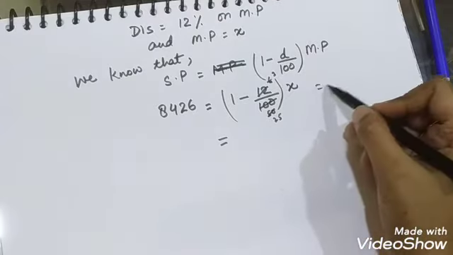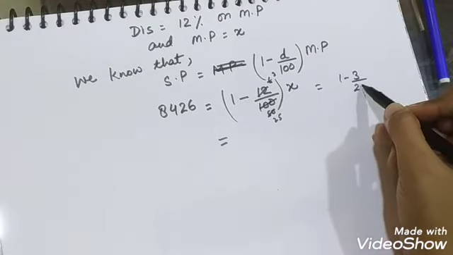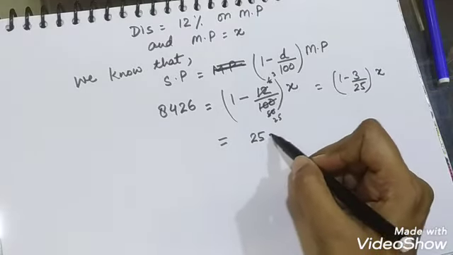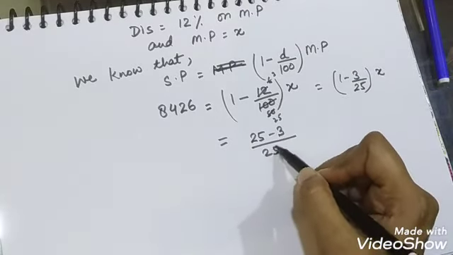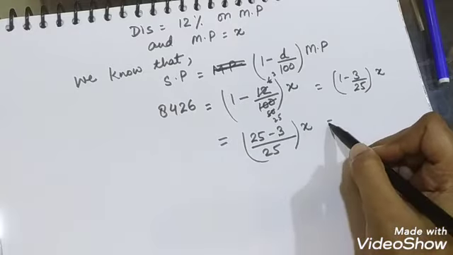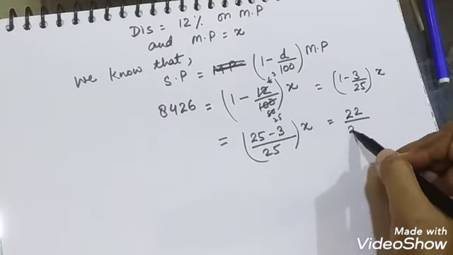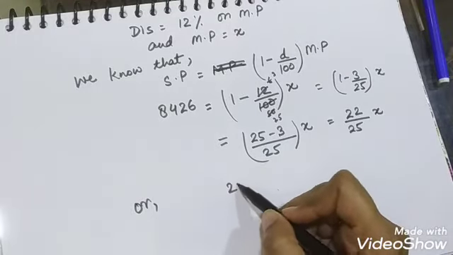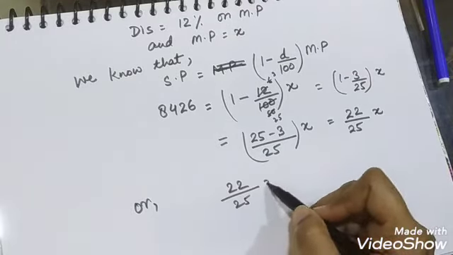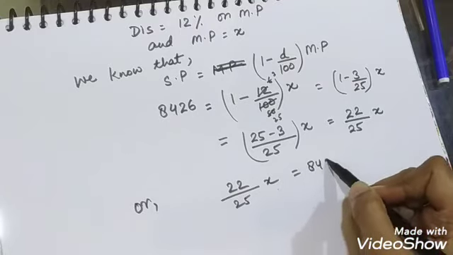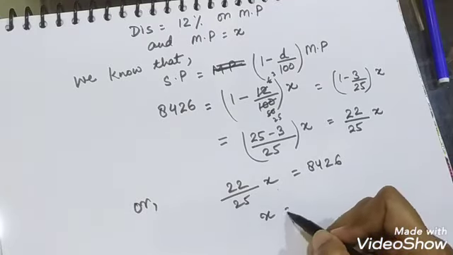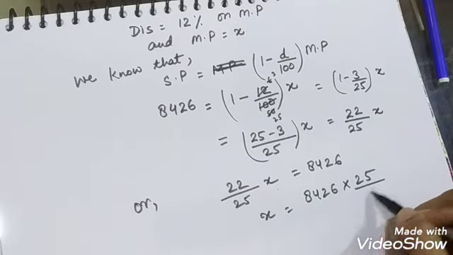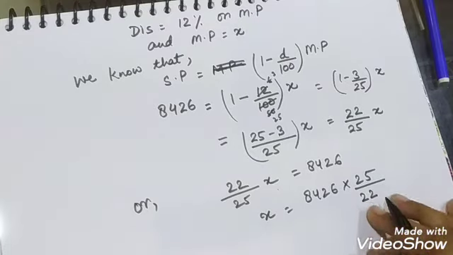So it comes out to be 1 minus 3 upon 25 into X, and then you will take LCM. LCM will be 25. So it comes out to be 22 upon 25 into X, or you can write 22 upon 25 X is equal to 8426, or X is equal to 8426 into 25 upon 22.